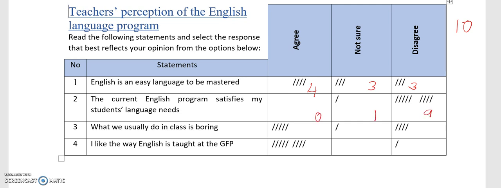Then how many students here? I think 5. Then 1, and this is 4, and this is 1 here, 0 here, 9 here. So this is just telling me the frequencies: how many students have chosen each item, the responses of the students.